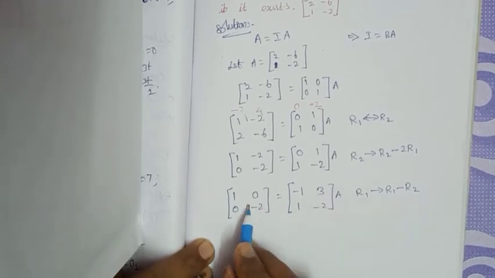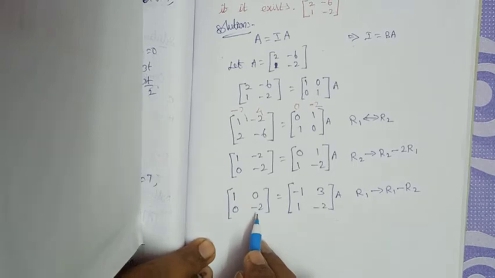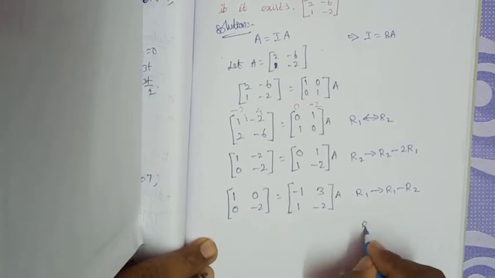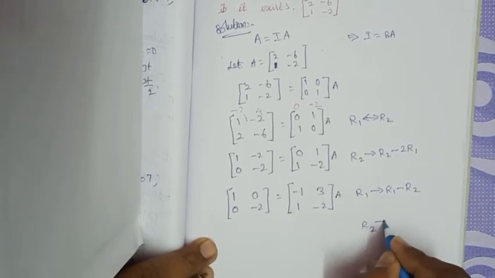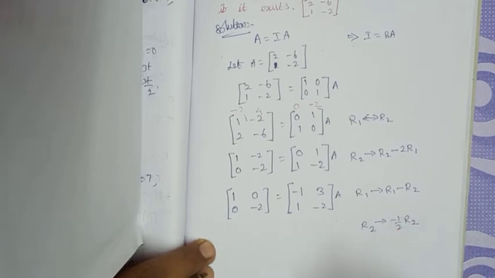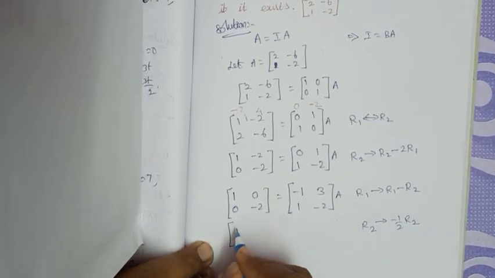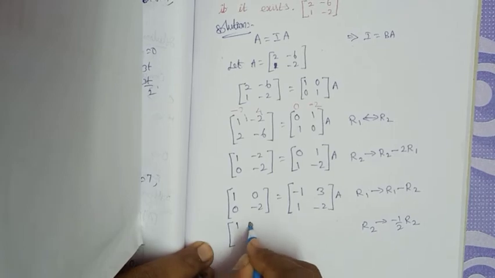And the identity rule condition is that this entry is converted to 1. For that, we can divide it by minus 2. So we can write the answer in the second row: R2 implies minus 1 by 2 into R2. The first row has no changes, so we write 1, 0.